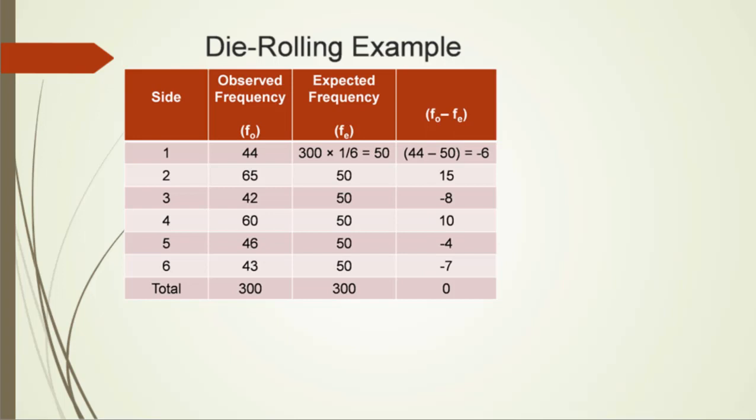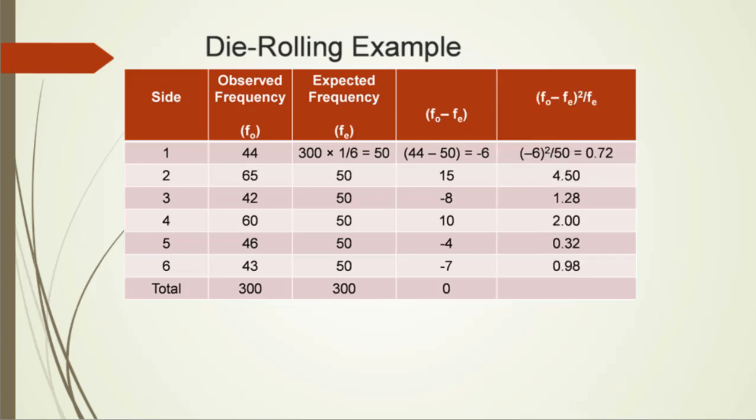The difference between FO and FE is just FO subtract FE. What we want to do in the next step is to sum up all the differences. Note that some of the differences here are positive and some of the differences are negative. To prevent the positive differences from being completely cancelled out by negative differences, a common practice is to use squared differences.